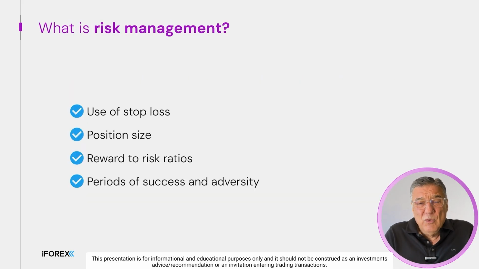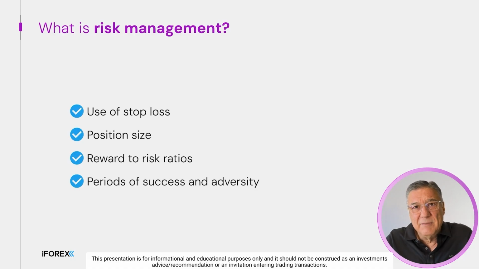So we need to place a stop loss, a protective stop loss. This is part of our risk management rules. We need to calculate our position size based on our profile. We need to know our reward to risk ratios, or risk to reward.